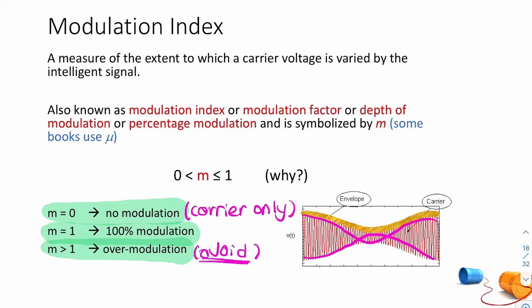And then it will be impossible to trace the envelope in order to recover the message. And we'll speak about demodulation next week, but this week I just want to make the point that the modulation index shouldn't be 0, it cannot be negative, and it shouldn't exceed 1. So we want the modulation index to be as high as possible, but shouldn't exceed 1.